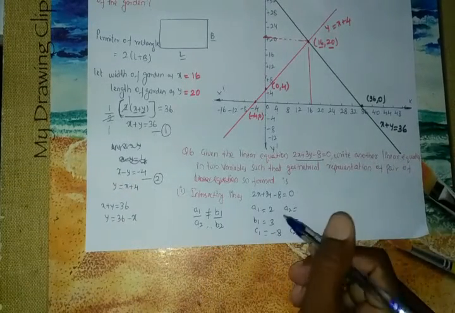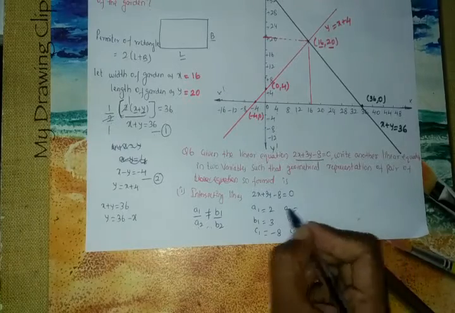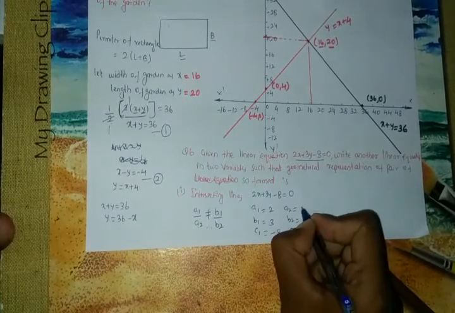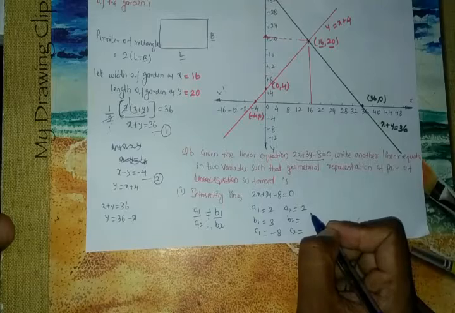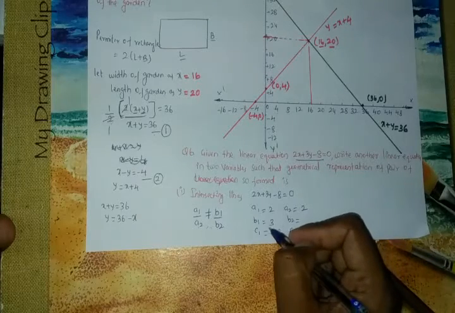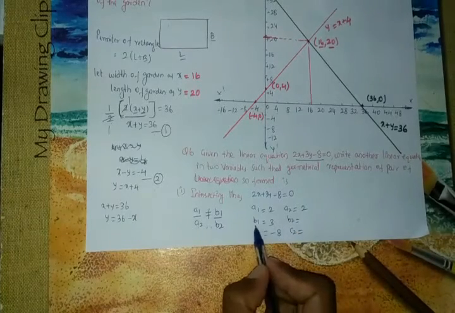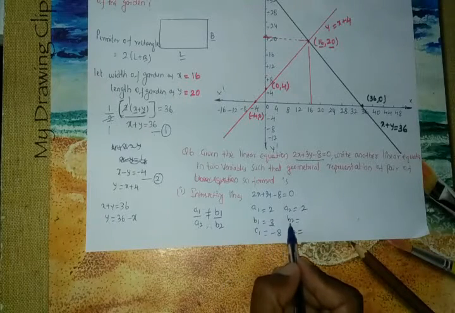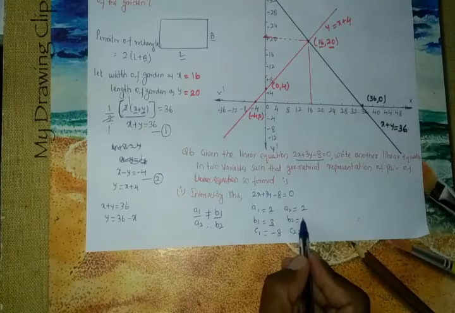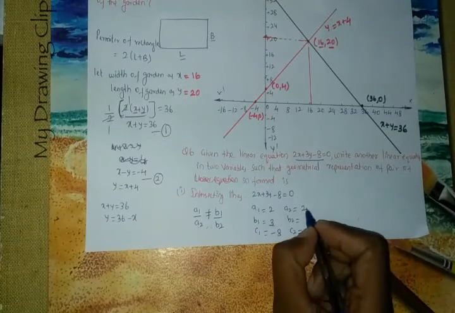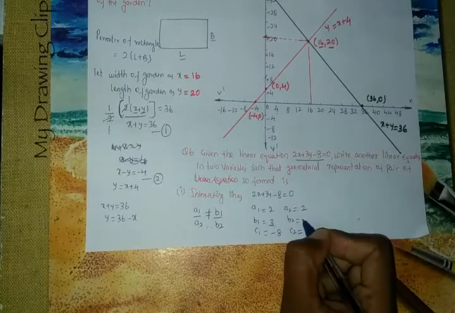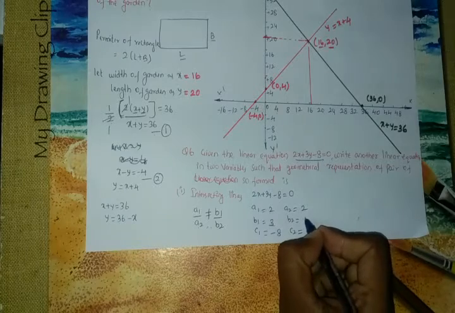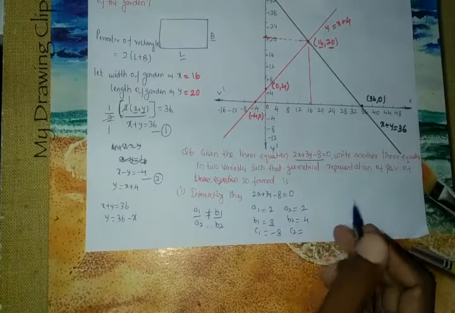So let me take the same a2 as 2, but b1 is 3, so I will not take 3 for b2. Other than 3 I can take it. So it may be 1, or 4, or 5, or anything.